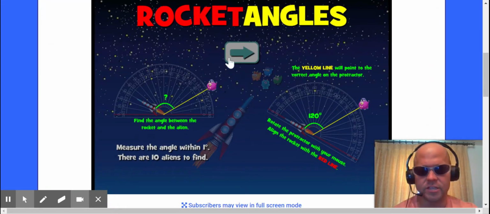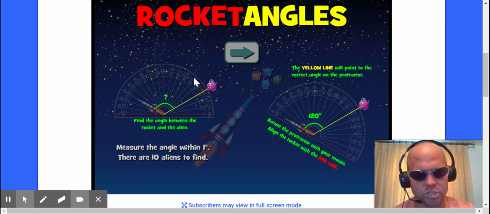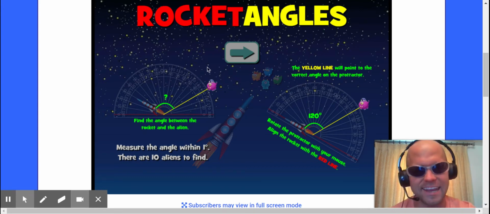Essentially, a protractor, which is that little shaped thing right there, is used to measure an angle. If you've ever heard of someone doing a 360 jump, that means they spun all the way around, because a circle has 360 degrees. That's how we measure angles. If you jump halfway around, it's 180 degrees.